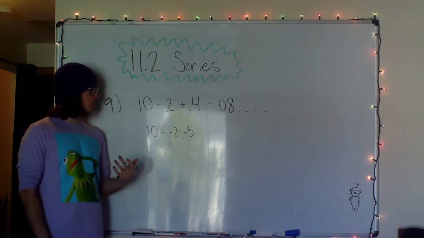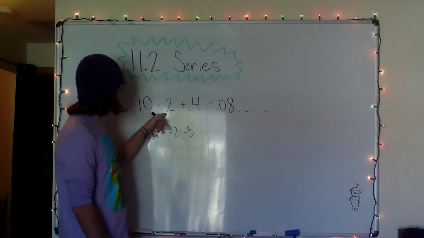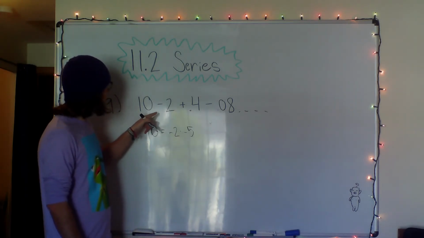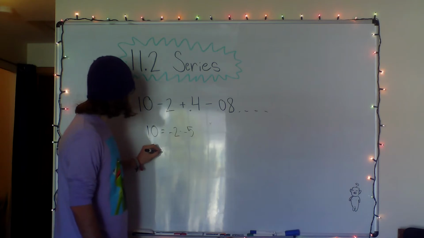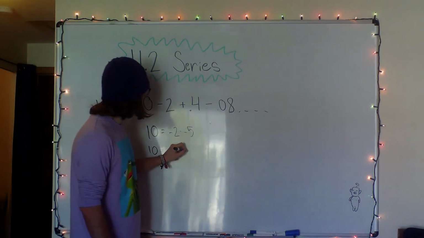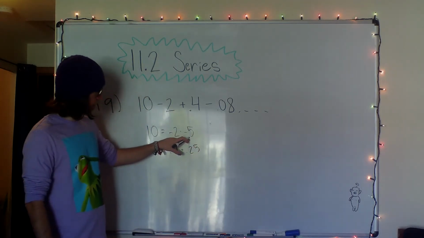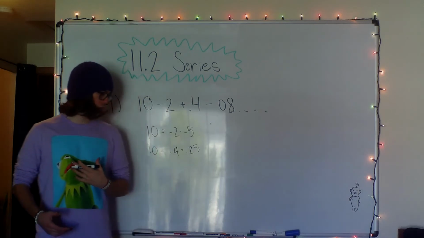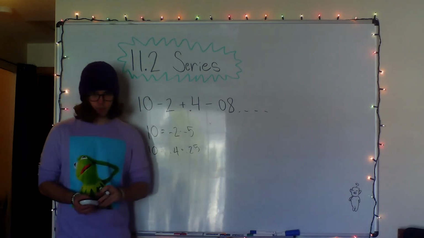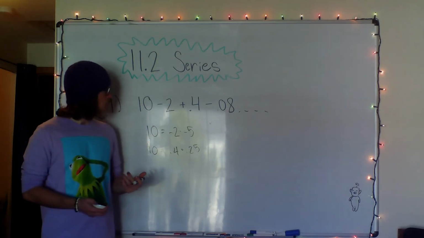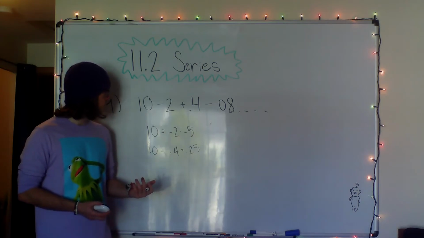Well, then what about 10 and 0.4? 10 is equal to 0.4 times 25. And then we're like, oh, wait a second, this is 5, and then 25. So it kind of looks like we have a power series here, but I'm not totally sure.